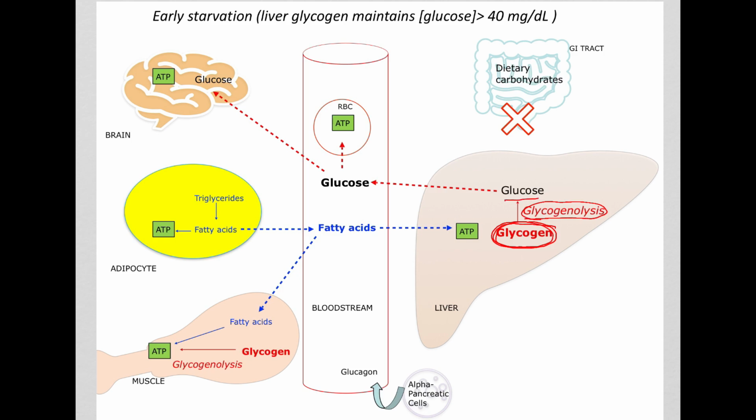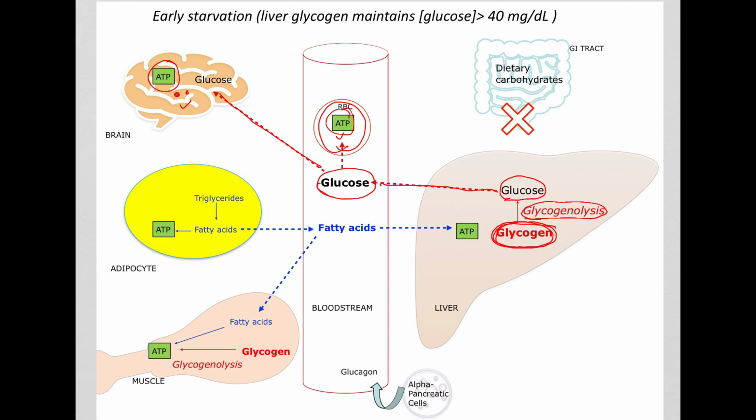This glycogen is broken down into glucose, and that glucose is sent out into the bloodstream, and this glucose will make the red blood cells happy, and it will make the brain cells happy because they can get their ATP from this glucose.